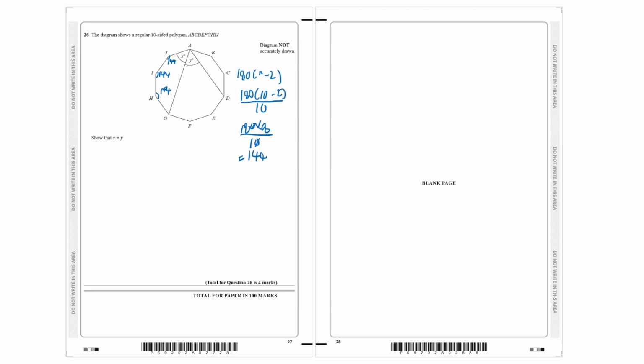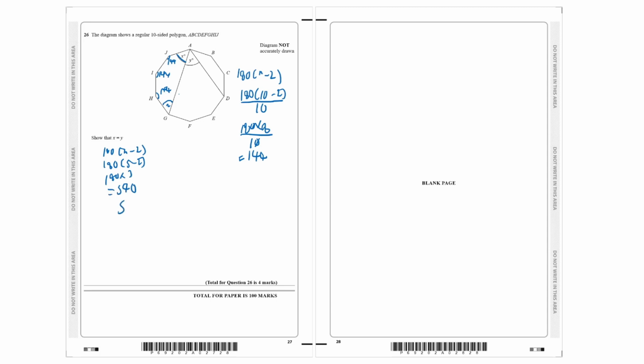Now, we can see that there is a line going between A and G making this distinct shape. That also means that angle x here is also equal to angle x here. Now, we can use the formula once again to find out what x is. Since we have 5 sides, we have 180 times n minus 2, 180 times 5 minus 2, 180 times 3 is 540.